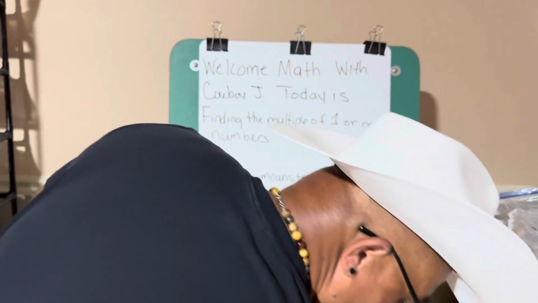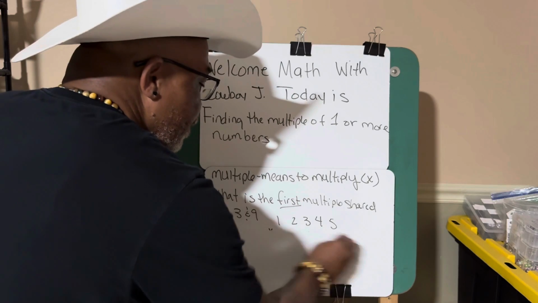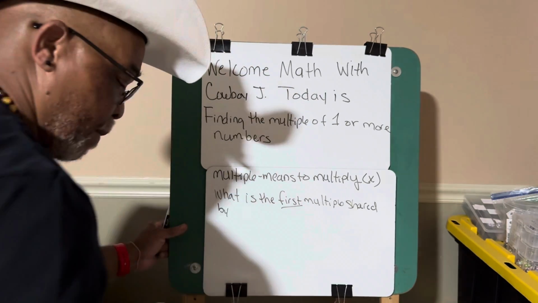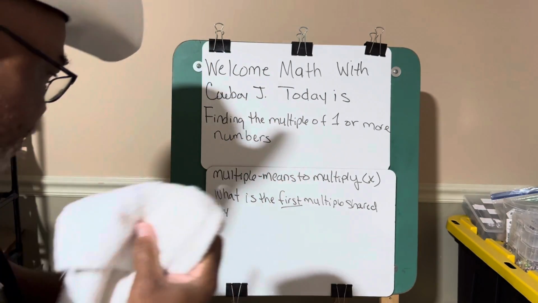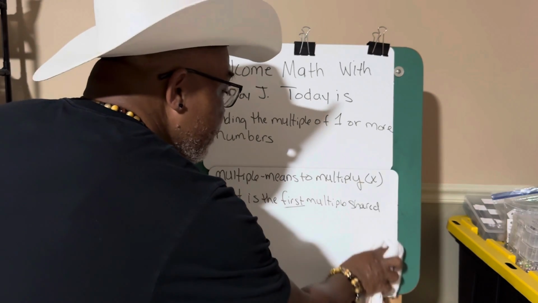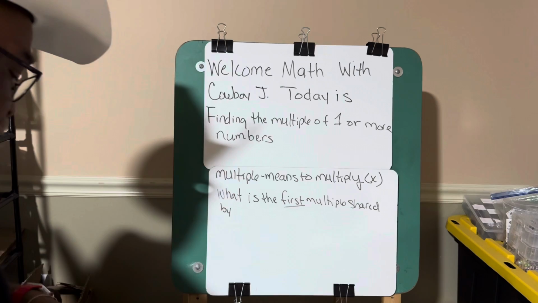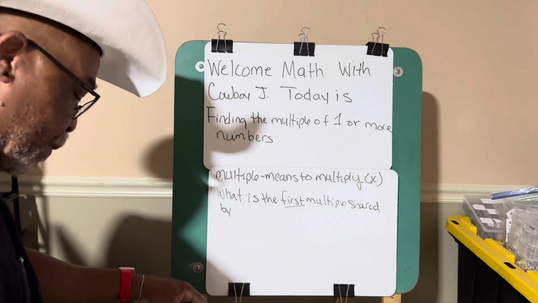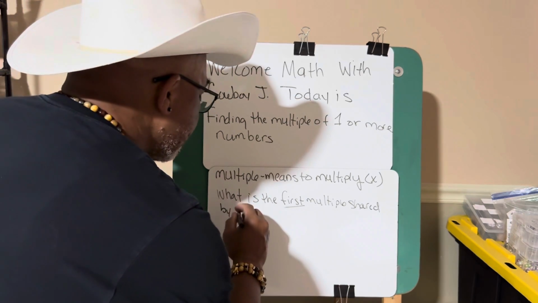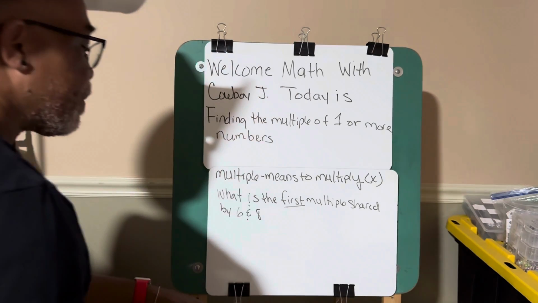Let's try 2 more numbers. Again, what's the first multiple shared between 6 and 8?